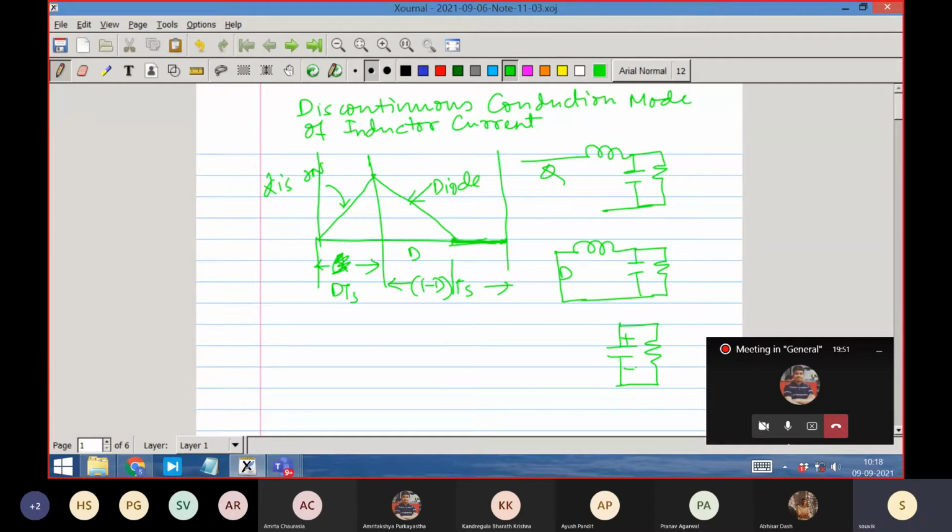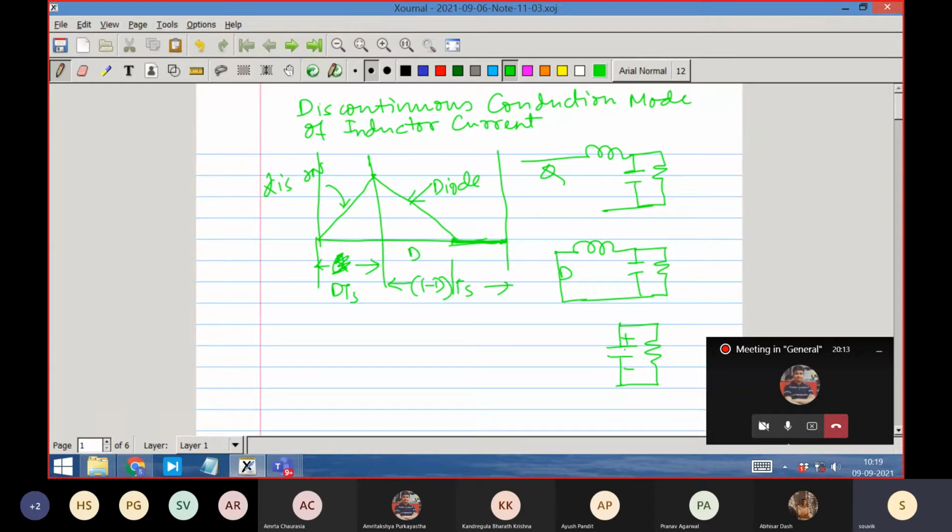And this happens when load, in terms of current, we think. When we say load, load and load resistance are inverse in sense. So when I'm saying load, it means load current. When load current is relatively low, and since it is relatively low, capacitor can afford to support it. It is not losing much energy.